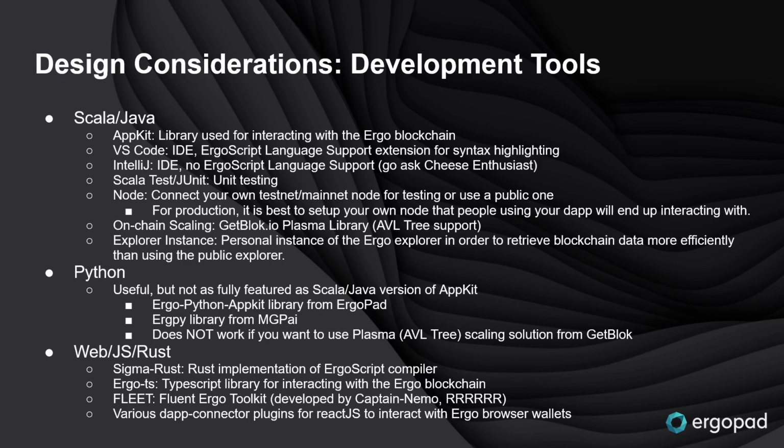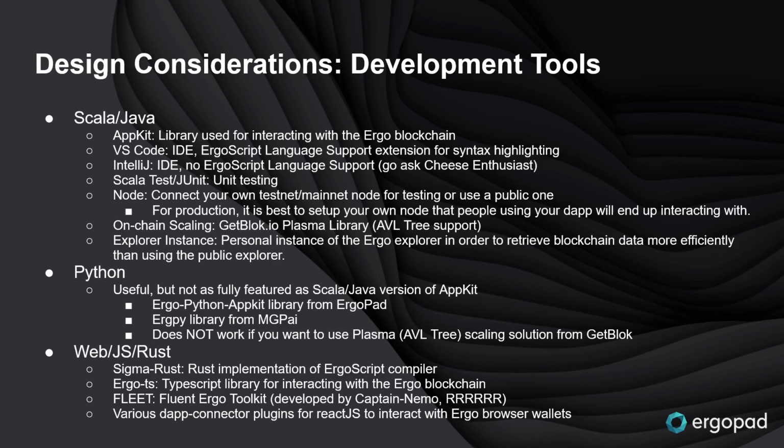IntelliJ is another really good one. There's no Ergoscript language support package, but you can go ask a Cheese Enthusiast. And then there's ScalaTest for unit testing. And then the node: you can connect to your own testnet or mainnet node for testing, or use a public one.